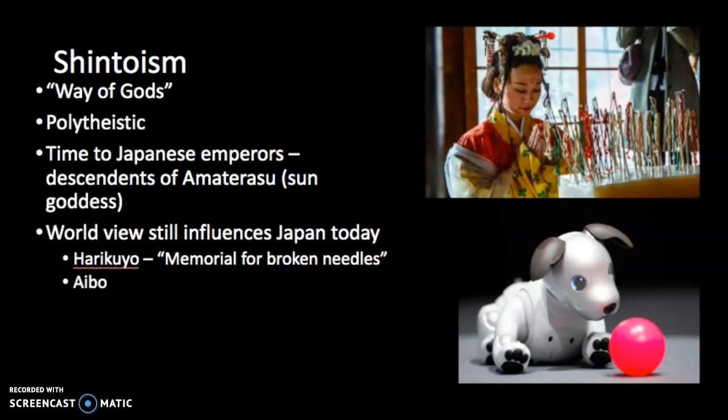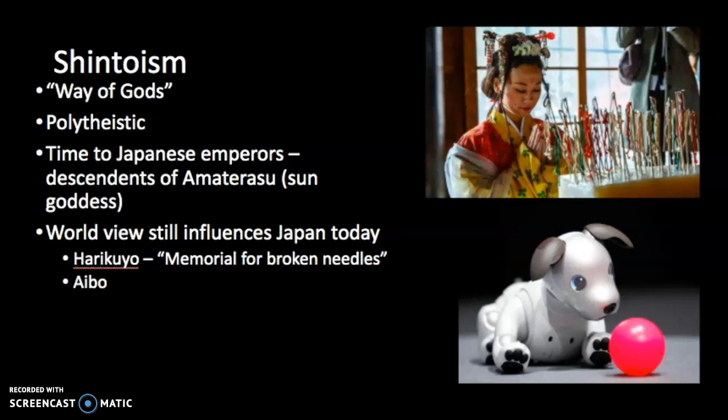The word Shinto literally means way of gods, and it's a polytheistic faith with a wide array of spirits that can embody natural objects and phenomena as well as inanimate things. And this kind of animistic worldview, the idea that spirits can be in everyday objects, still strongly preoccupies the cultural life of Japan today.